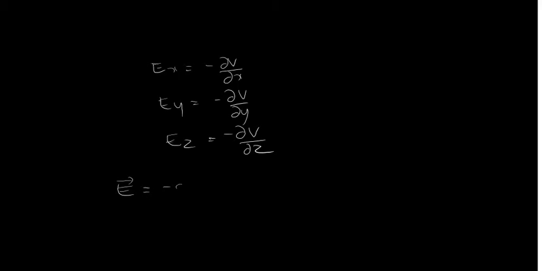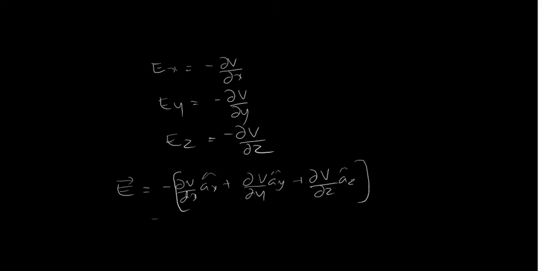minus dou V by dou x, that is Ex ax cap, plus dou V by dou y ay cap, plus dou V by dou z az cap, correct?